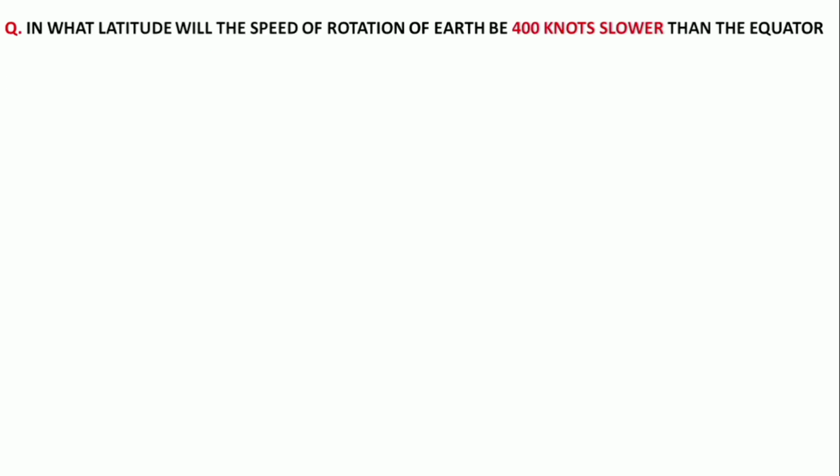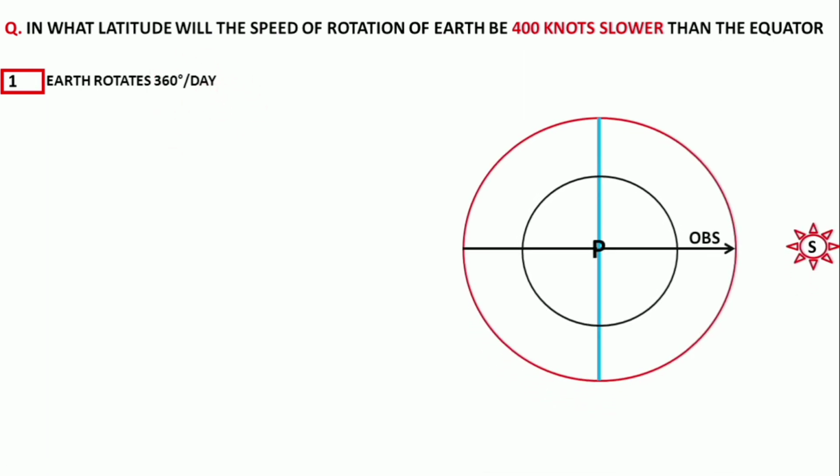It says, in what latitude will the speed of rotation of Earth be 400 knots slower than that at the equator? Now we know that the Earth rotates, goes round 360 degrees per day. You can see here, suppose the observer was here, the sun is here, it's on your head.